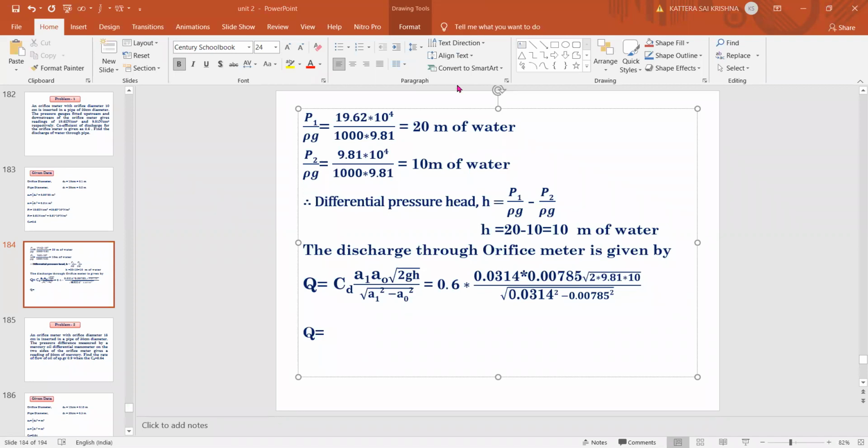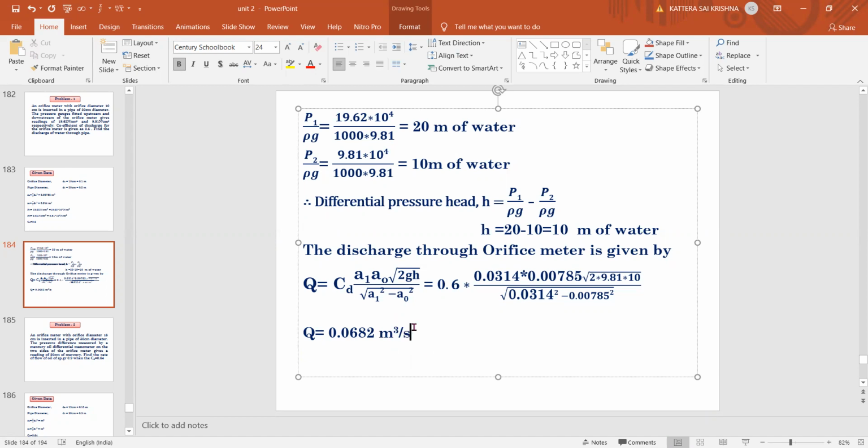Somebody send me the answer. Whatever you are getting, 0.0681 or 0.0682, write it there. What are the units? Discharge units are meter cube per second. So this is the Q value we got in meter cube per second.